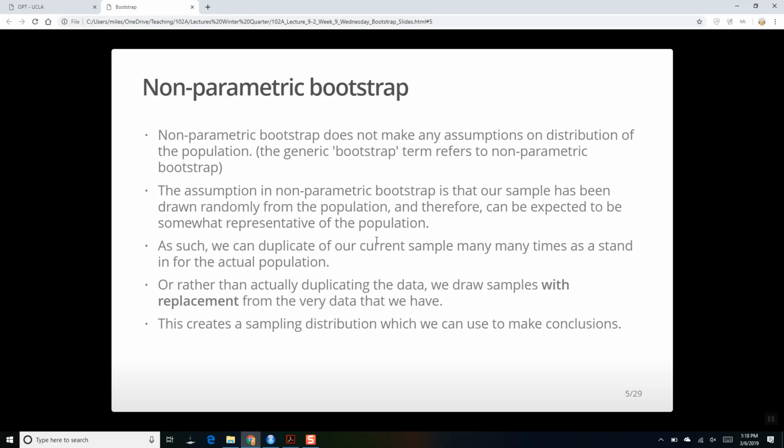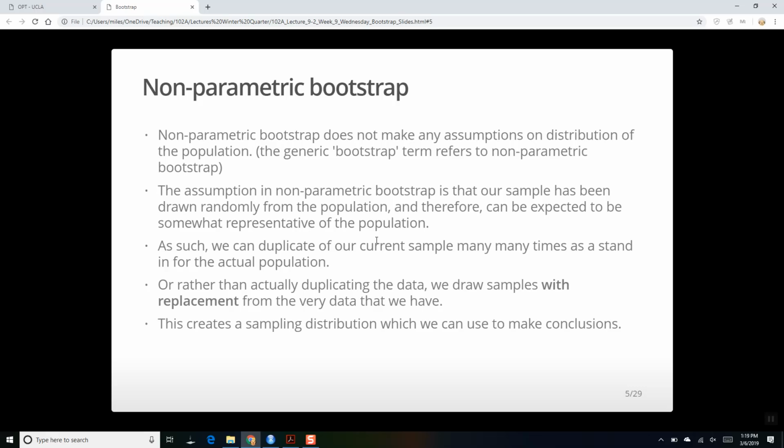Okay. So it turns out that you don't actually even have to go through the process of duplicating your sample a million times. Okay. If you just sample from your sample with replacement, that's equivalent to making an infinite number of copies of your sample. It's a little weird, but if you pick from your sample with replacement, it's effectively the same as making infinitely many copies of your sample.